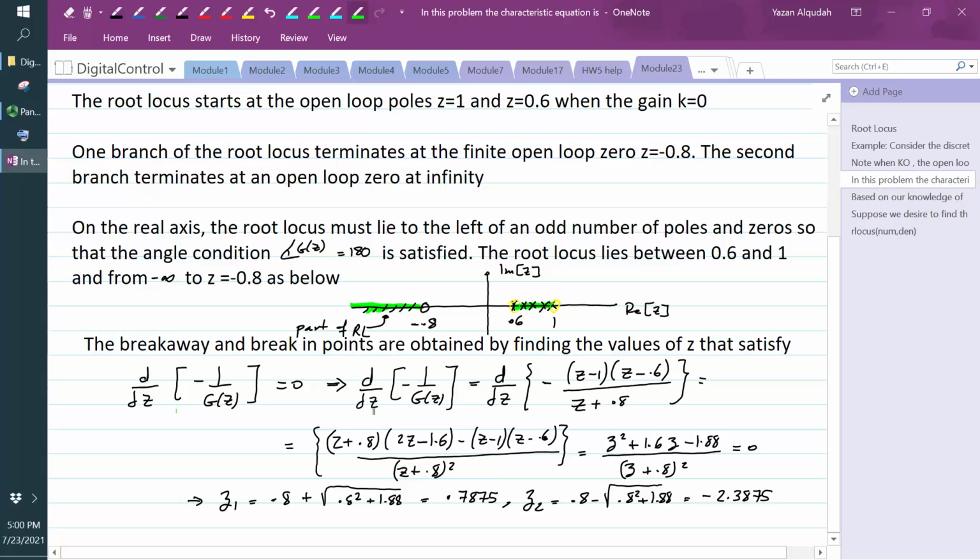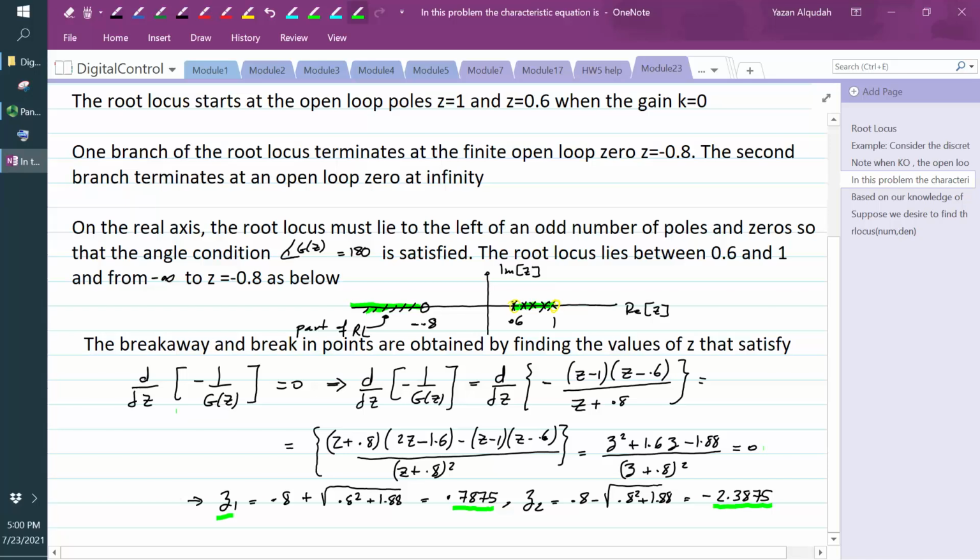So if I take the derivative of negative 1 over g of z, where g of z is z minus 1, z minus 0.6 over z plus 0.8, and equate it with 0, I'm going to get z1 equal to 0.785, and another z2 equal to negative 2.38.